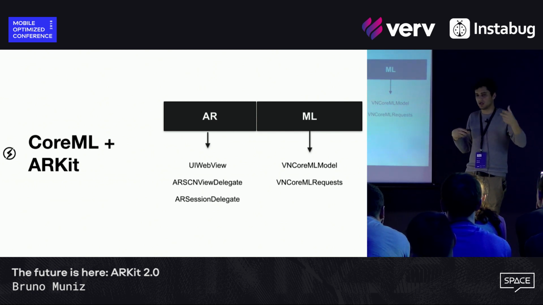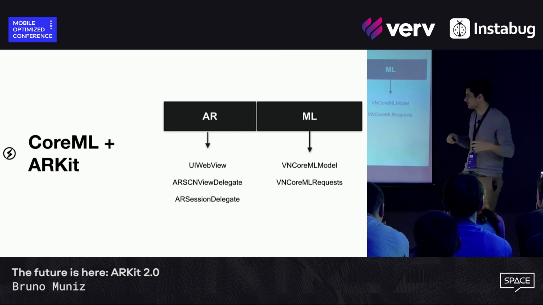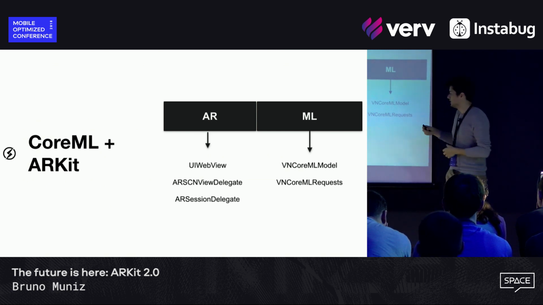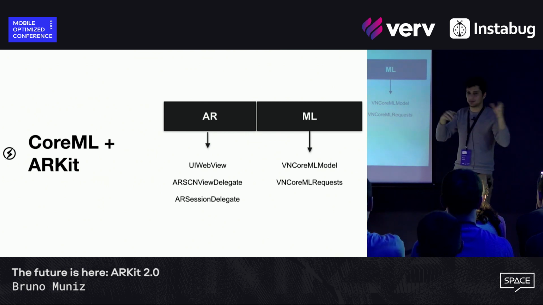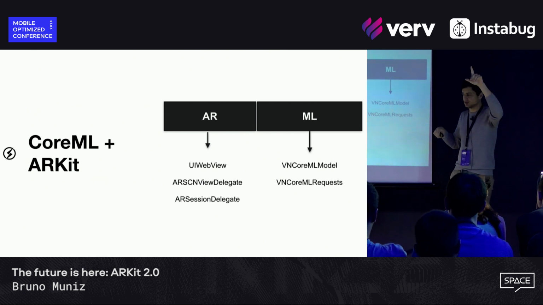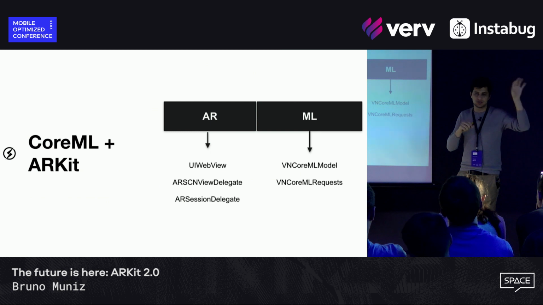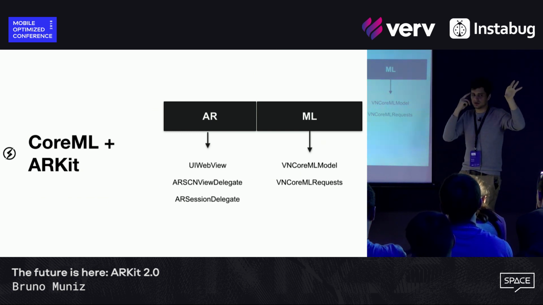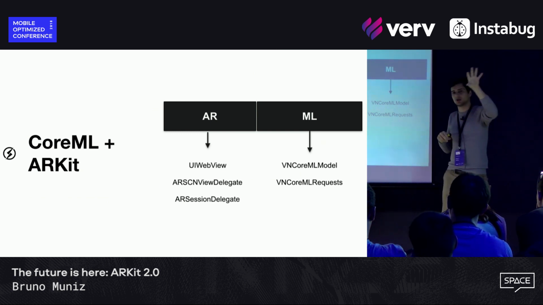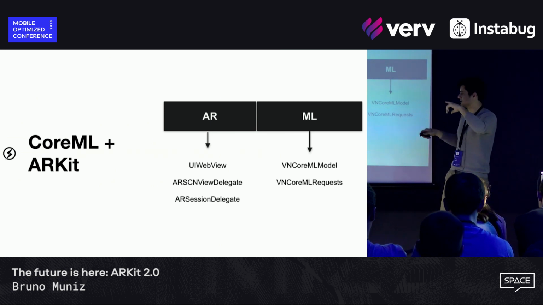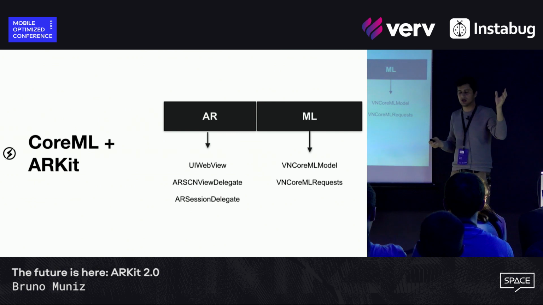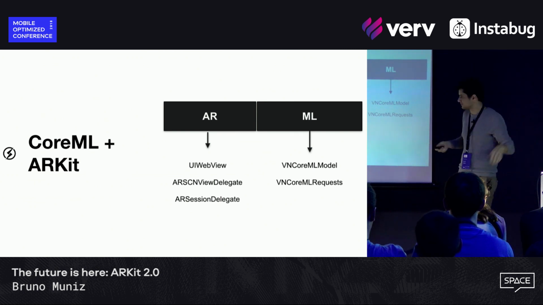Can you check if the hand is open and appearing or not? The machine learning part is that we're going to have the Core ML model from Vision set up with the model that we exported from Custom Vision. When you generate the model file, all you have to do is drag and drop it into your project navigator. Once you have that, I'm going to show you on the next slides, I don't know how, but Xcode just recognizes it.